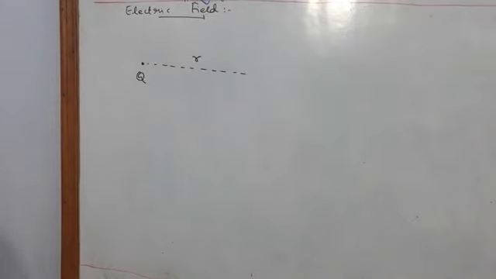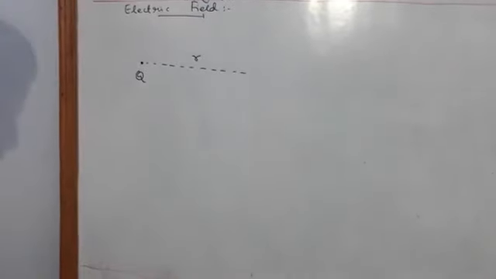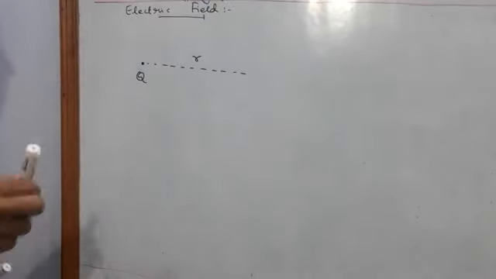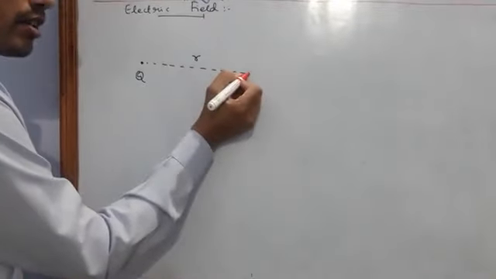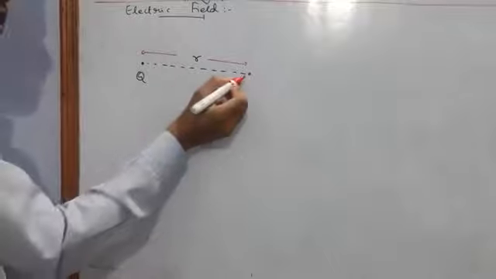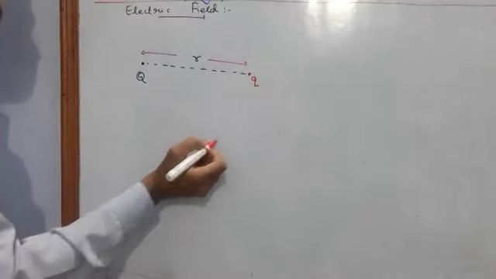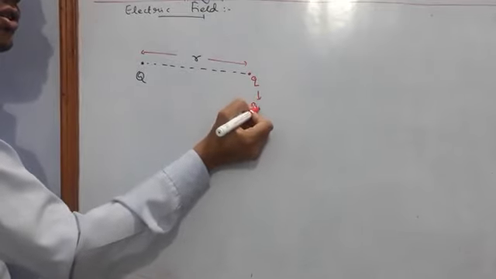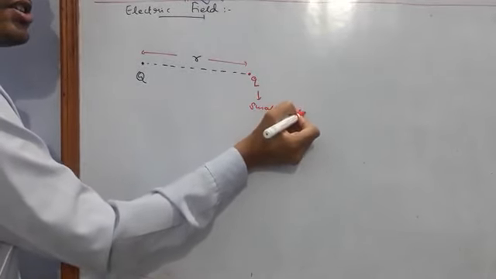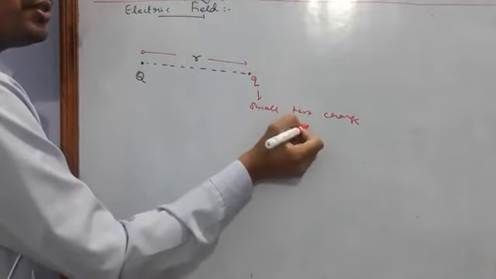Okay, let us try to find the electric field value for a point charge capital Q at some distance. Wherever we wish to find the electric field, at this point which is at a distance r, at that point we will bring a test charge q. What is small q? It is a small test charge which is positive.